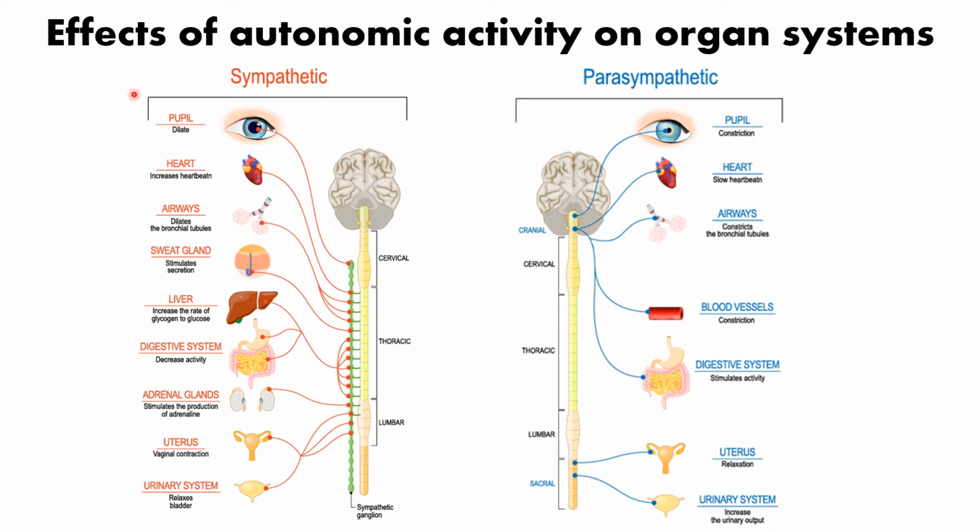So in the eyes, we have the pupils, obviously. So during the sympathetic response, our pupils dilate, okay? And during the parasympathetic response, our pupils constrict. So the muscles responsible for this are called sphincter pupillae, also called circular muscles or constrictor pupillae.